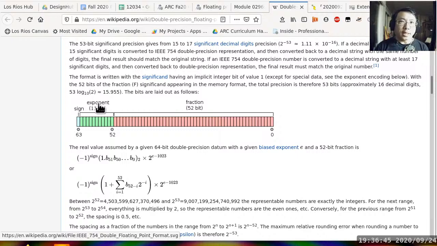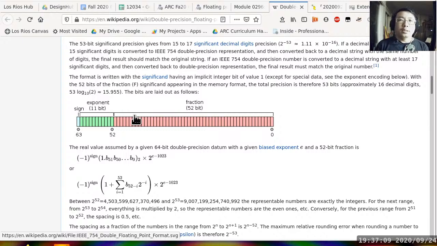So when you see exponent here, just insert the word biased. And then the pink or salmon yellow portion is known as the fraction. Just remember this is the fraction of the mantissa, because these words can be confusing by themselves.